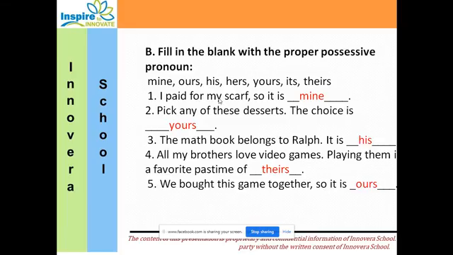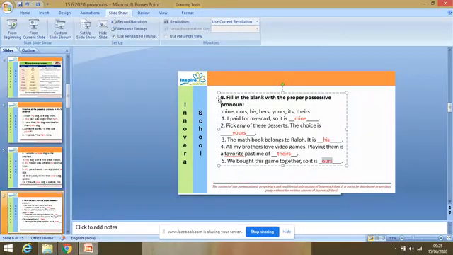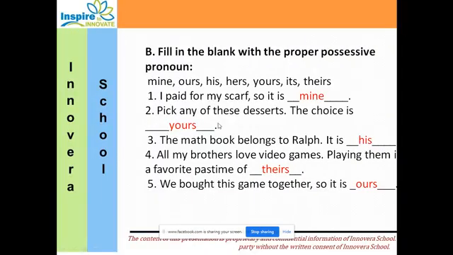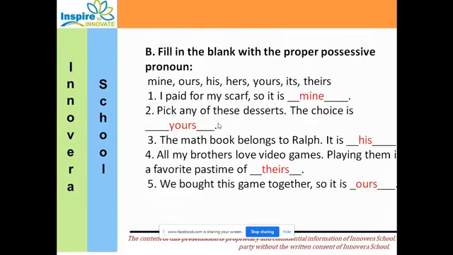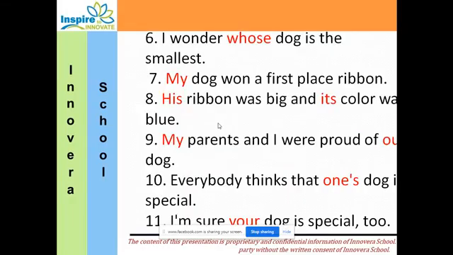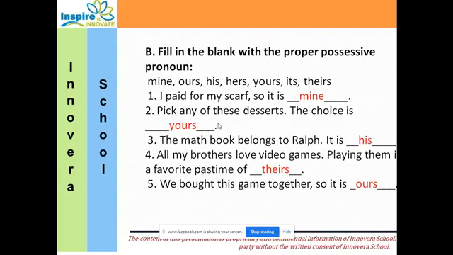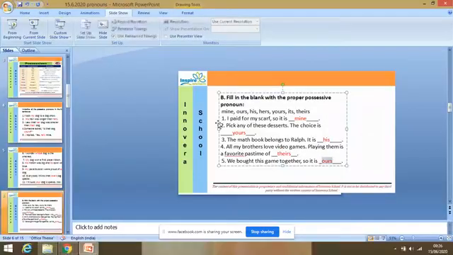Okay. So now, children, have you understood till here, everyone? Yes? All fill in the blanks are easy and clear. So now, children, what you are going to do? You are going to solve this, underline the possessive pronoun question and fill in the blank question in your notebook.